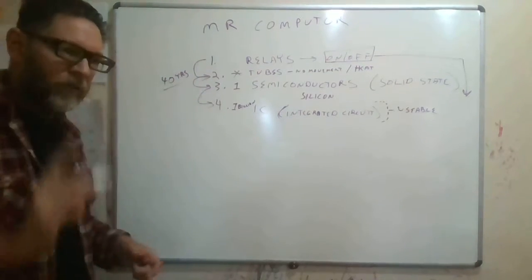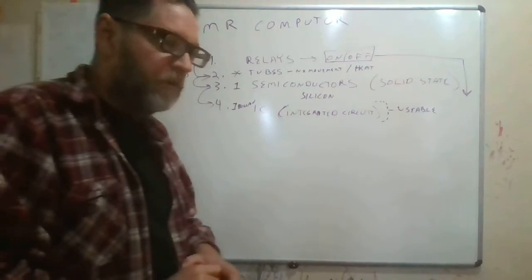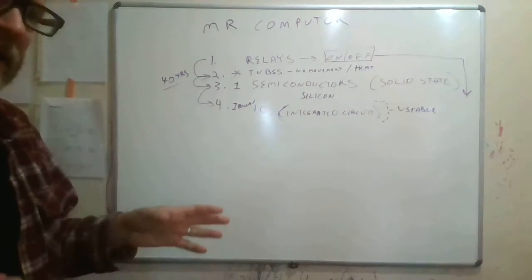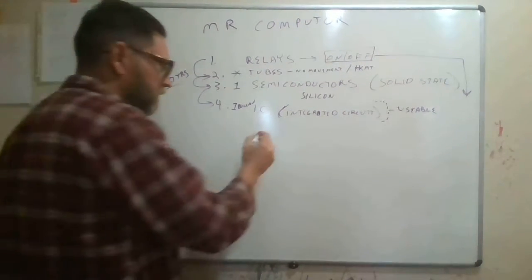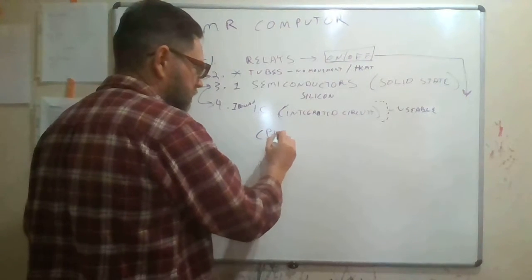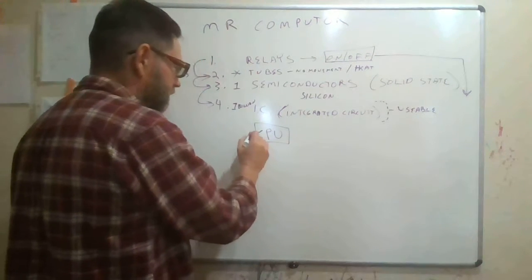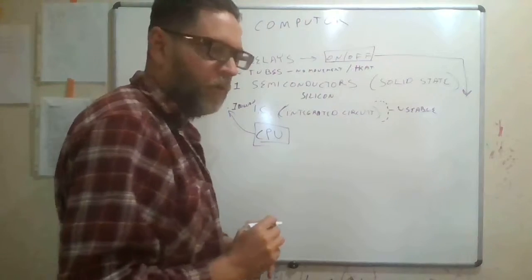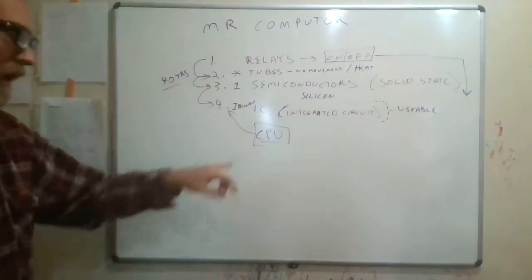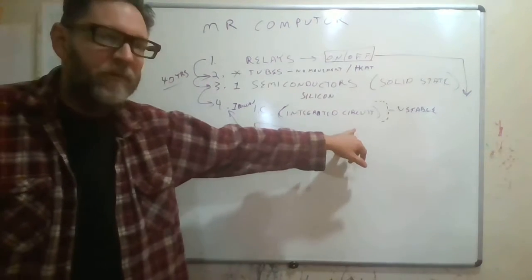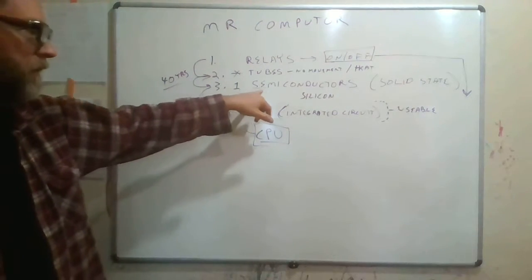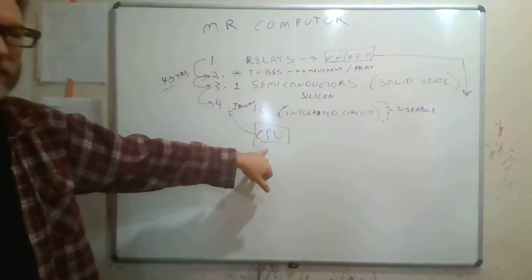Now here's why this is important. Because at the very lowest level, a computer is based on math. A CPU, our central processing unit, is at step number 4. You cannot have a central processing unit unless you have an integrated circuit, because it would take 1 million of these to make this.